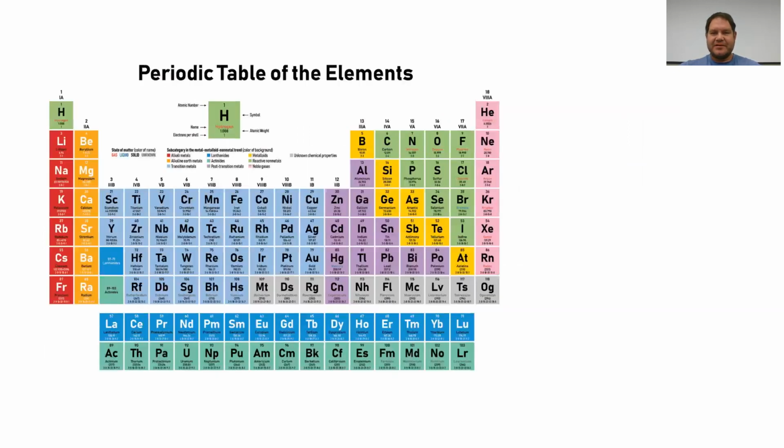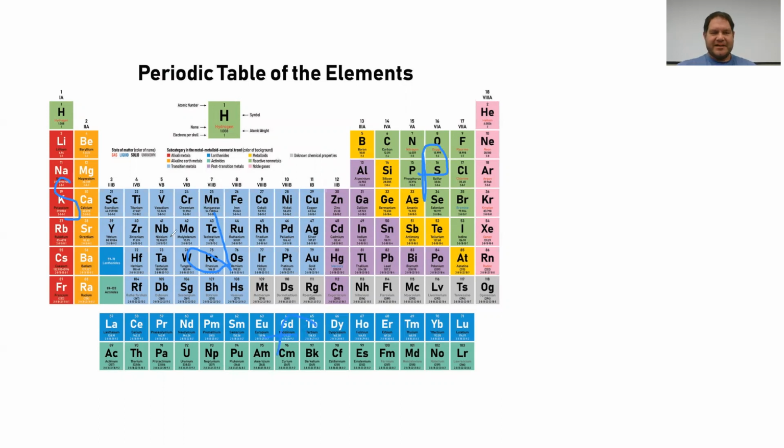First of all, you must remember that we divide the periodic table into blocks. So this is the S block, in the middle is the D block, this is the P block over here, and down here is the F block.